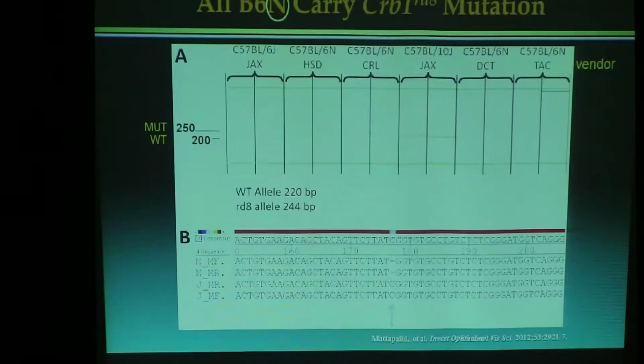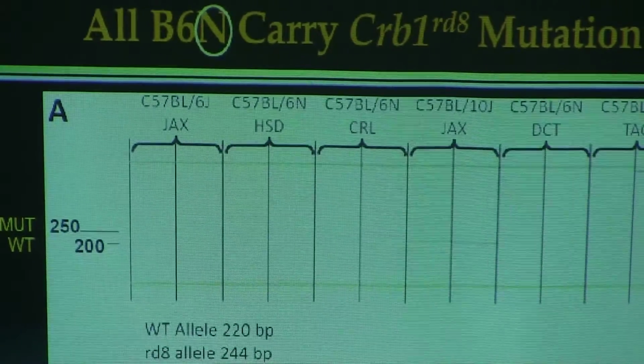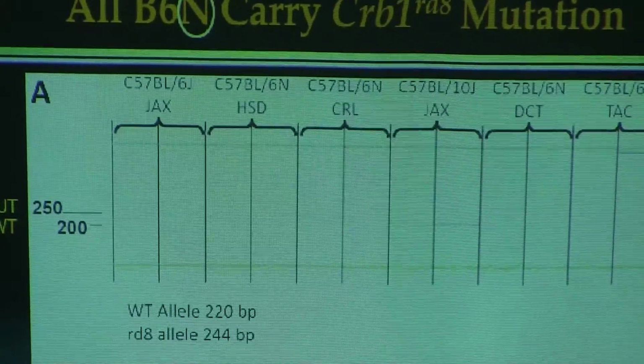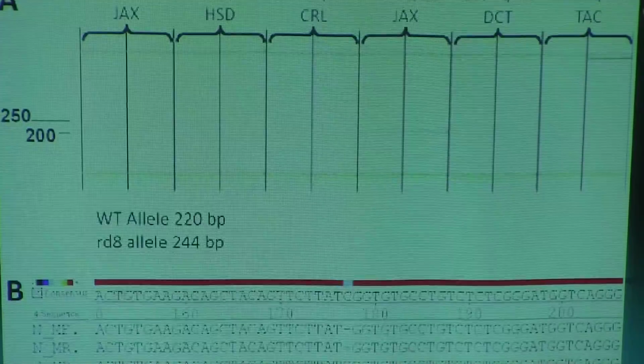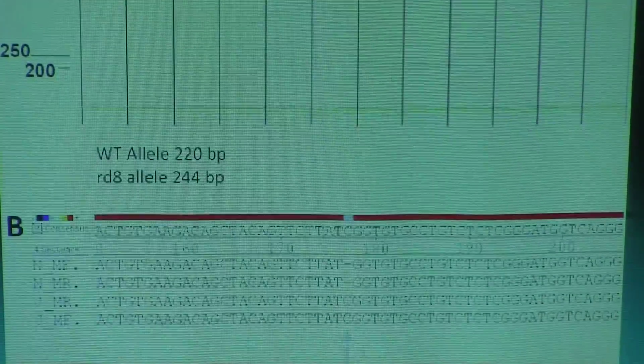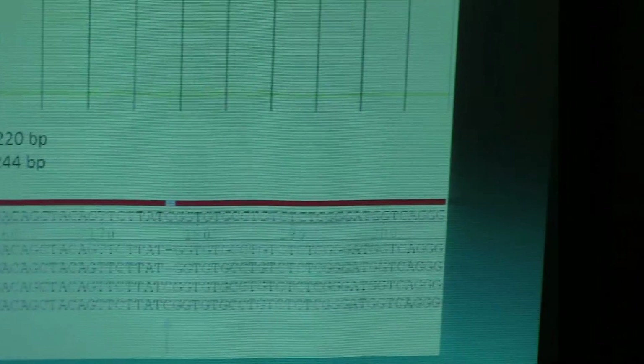What happened is in the 1950s, early 50s, the Jackson lab had a mouse. The other lab could not have the mouse, the B6 background. So NIH had it. And the NIH somehow, don't know what happened, there was a mutation on this particular allele.